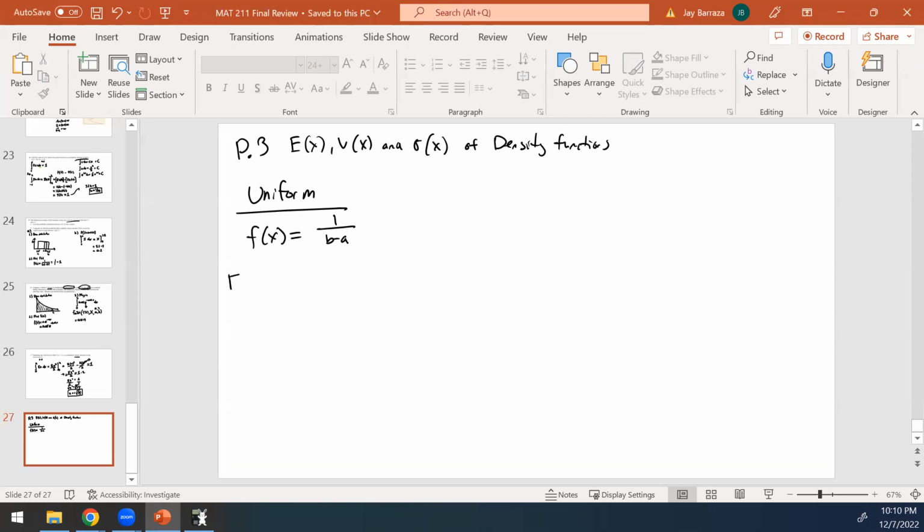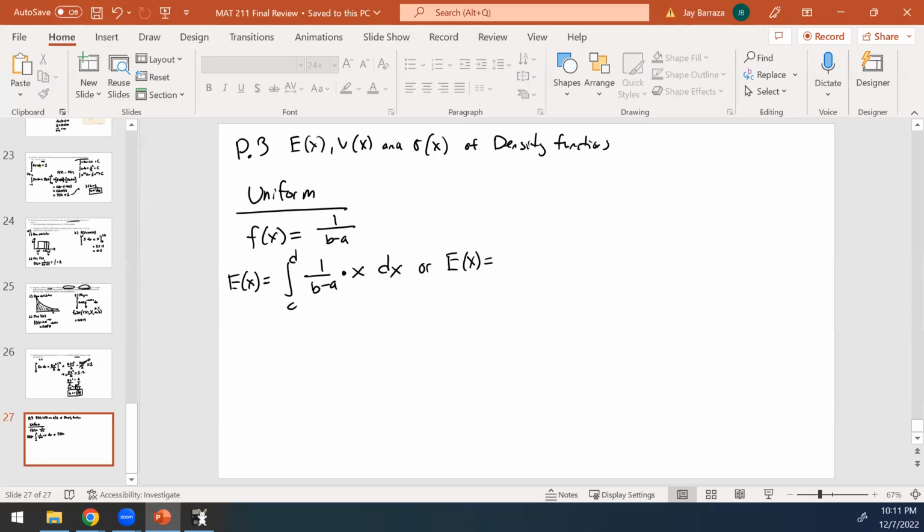And then E of x, the expected value, is equal to the integral from c to d of 1 over b minus a times x dx. That is the formula for it. Or the shortcut, I just have to find the formula because I don't remember it off the top of my head.